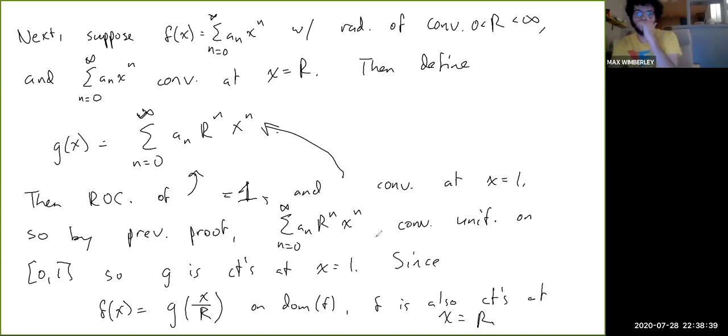Okay? So now we've just shown that basically any power series that converges at the right endpoint of its interval of convergence is continuous at the right endpoint. So now we just have to show that this is true for the left endpoints too. But now we can just use a simple symmetry.